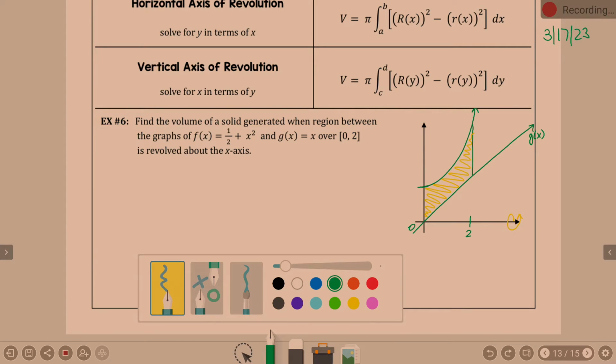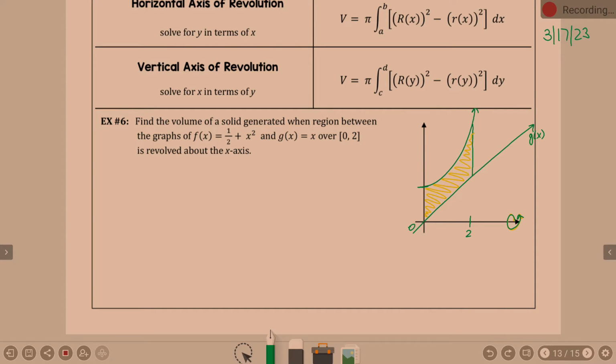Well, I think it was cool. Okay. So, we have everything we need in the picture? I think so. I could label this as f of x, and this is g of x, going from 0 to 2. I think we've got the important stuff.